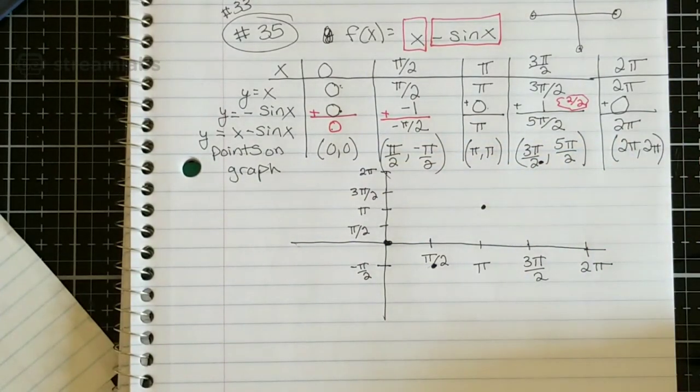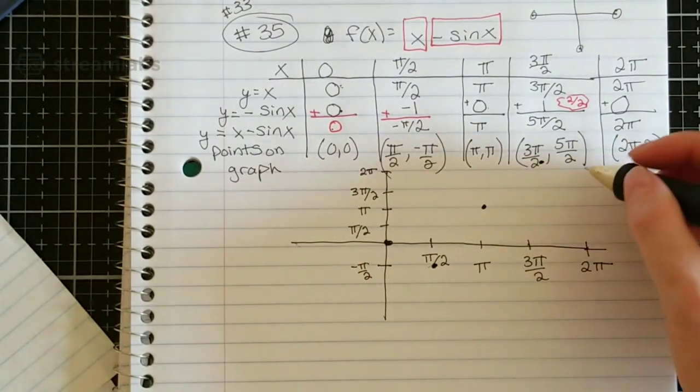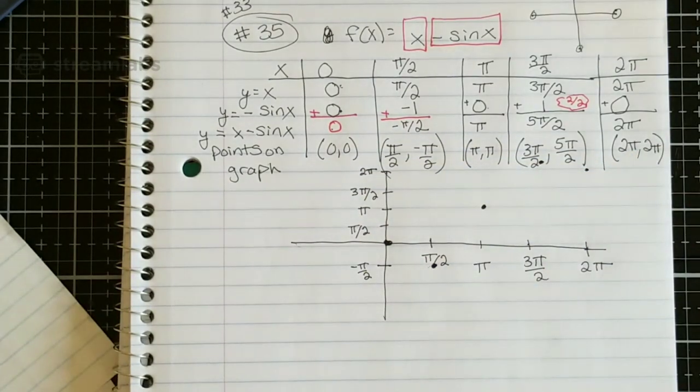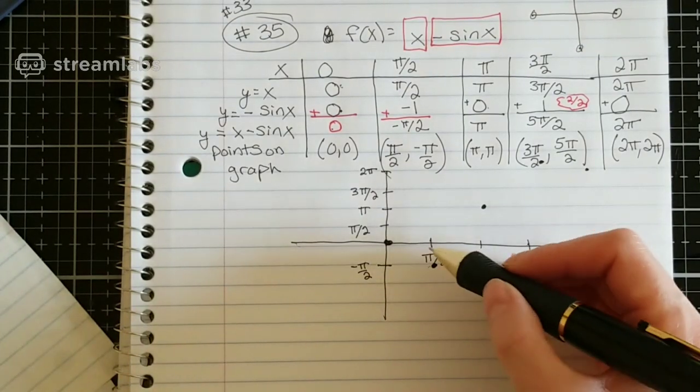And then 2 pi, 2 pi. Okay, and then you just draw what you got here.